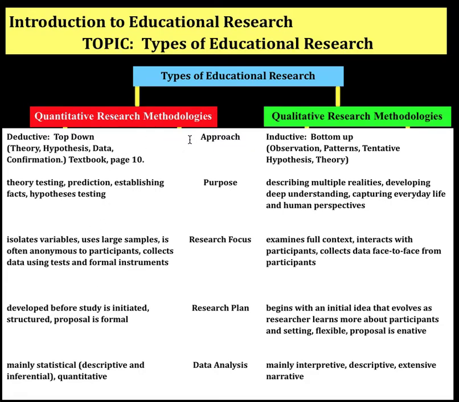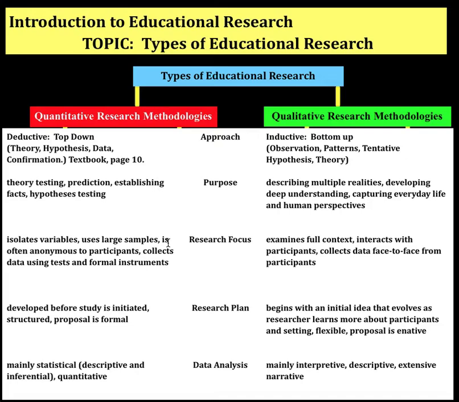Its approach is top-down: theory, hypothesis, a plan to collect data, and then we either confirm, accept, or reject. The purpose is to test the theories, and to be able to control and predict what's going to happen. The focus is on isolating variables, controlling and manipulating the independent variable. You'll hear that expression a lot throughout this class.